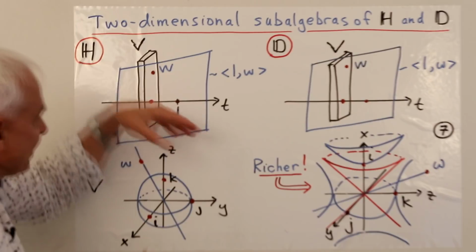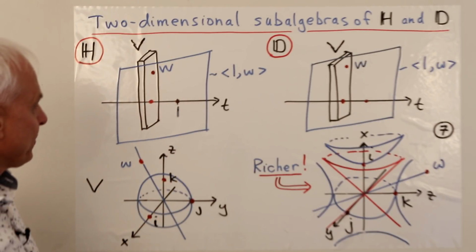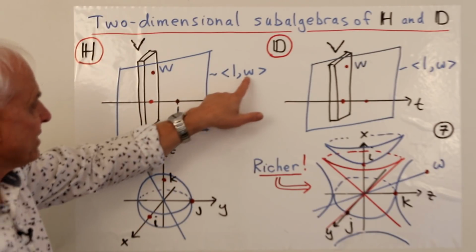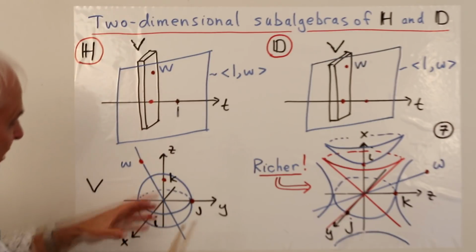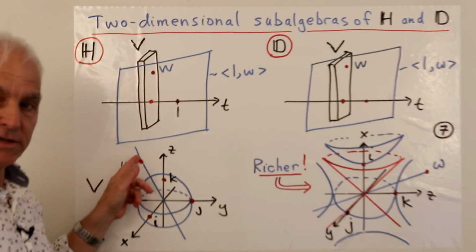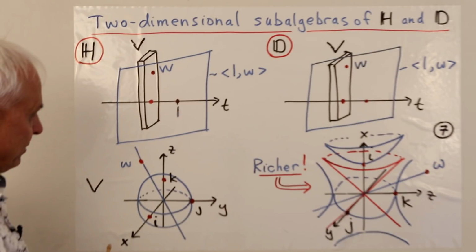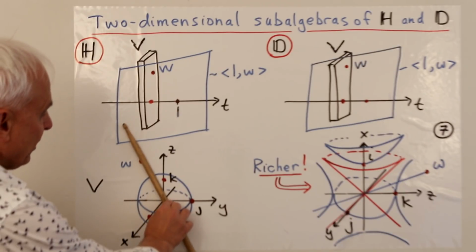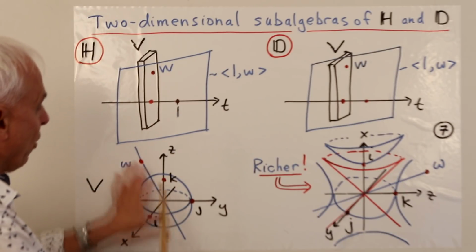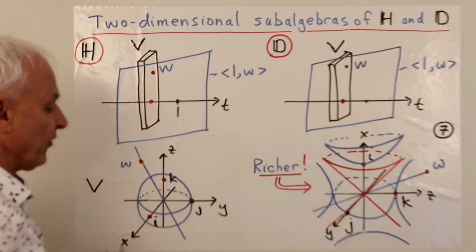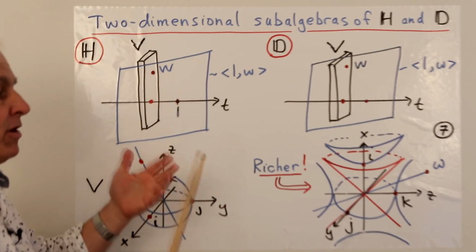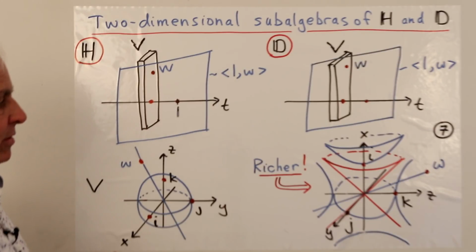A two-dimensional slice in this four-dimensional space. And so choosing this W in this three-dimensional space really amounts to choosing a point in this three-dimensional space. And then you're looking at the line through that point and adding those multiples to the multiples of the identity to get your commutative subalgebra.